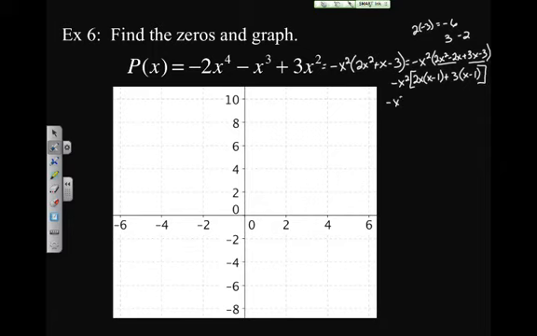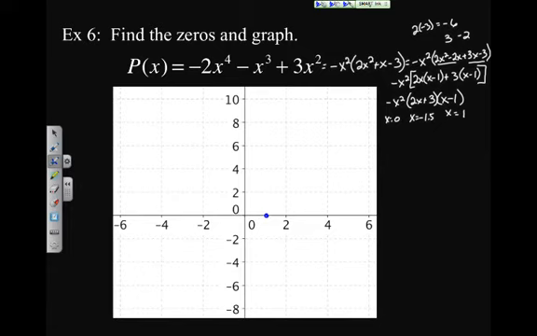So negative x squared times 2x plus 3 times x minus 1. Now this one's maybe a little trickier, but we again get x equals 0 and x equals 1. This one, it's 2 steps to solve it. We subtract 3 and divide by 2, so we get negative 1.5. So those are the zeros that we've got.